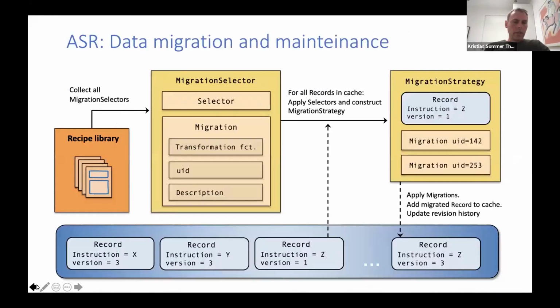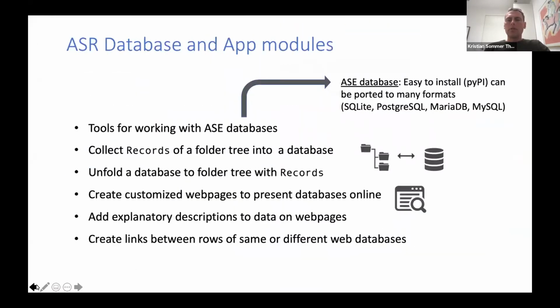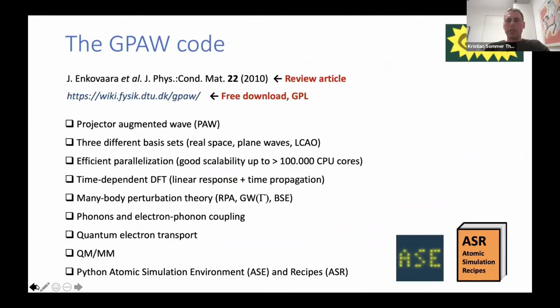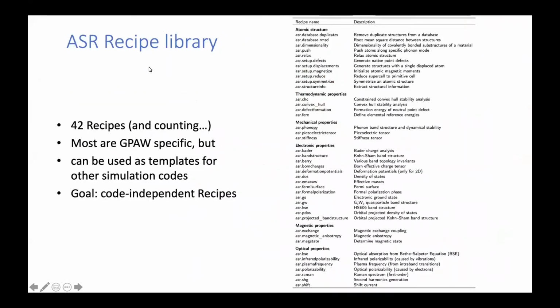Yes, well, there are lots of recipes, most of them are GPAW specific, I should say. So here is the list. You can see there are things that work on the atomic structure that are not GPAW specific, but everywhere where you see there is a DFT calculation involved, that is using GPAW as of now.